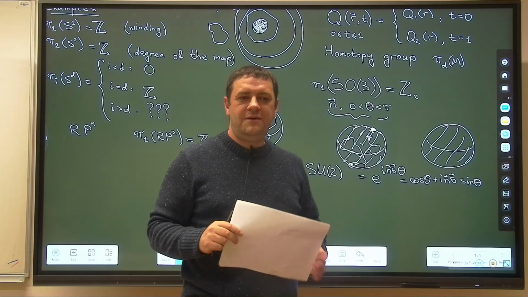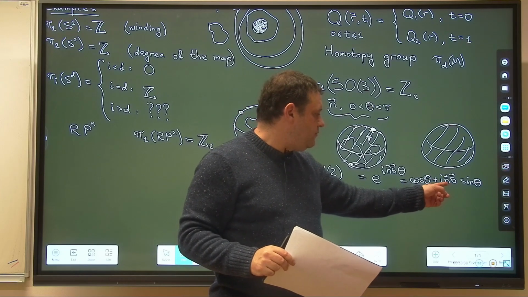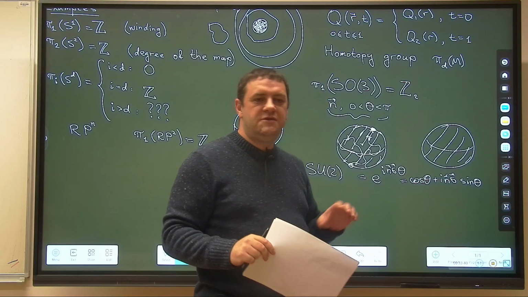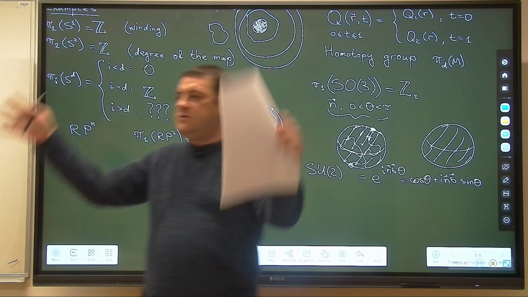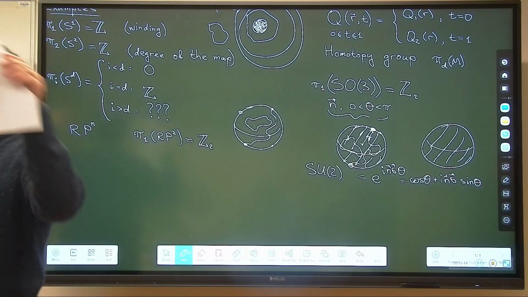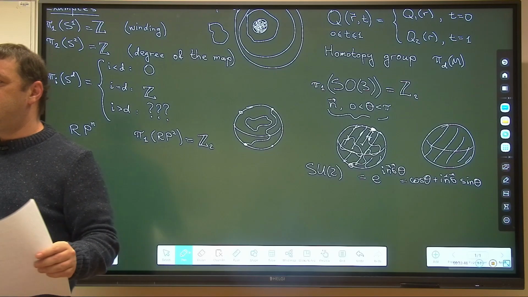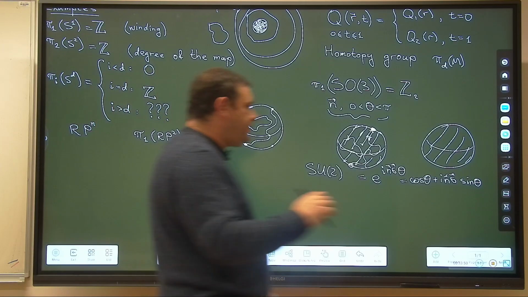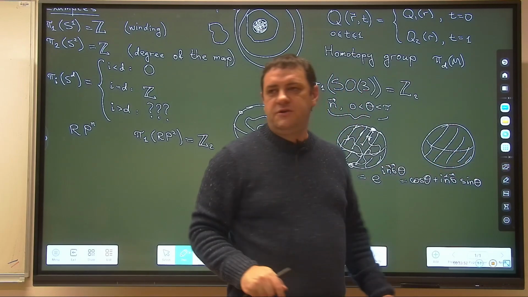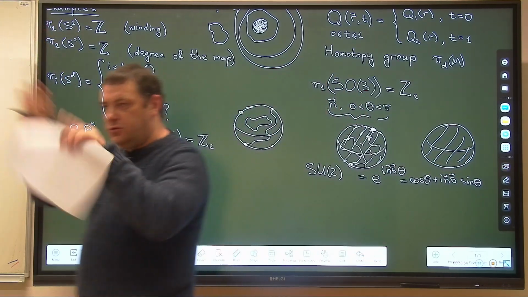All the points become equivalent. When theta equals pi, this thing is 0 and this thing is -1. All the points on the surface are equivalent and correspond to minus unit matrix. Minus unit matrix is also SU2. So all points on the surface are equivalent. Not just opposite, but all of them.